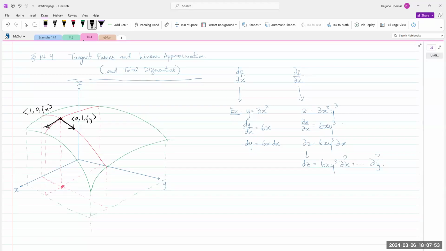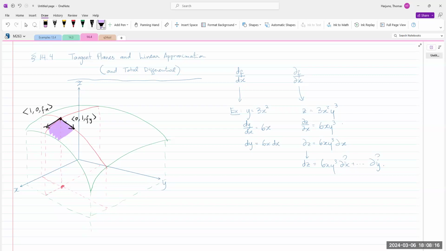Now, notice that the plane that is spanned by these two vectors contains those two vectors, of course, right?